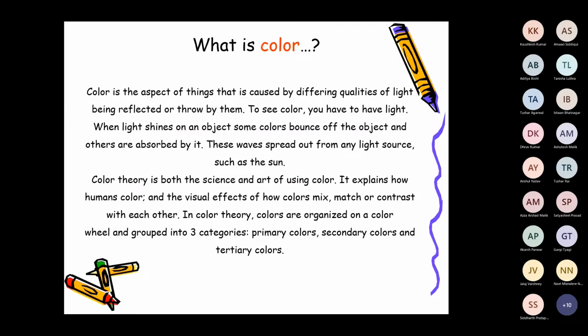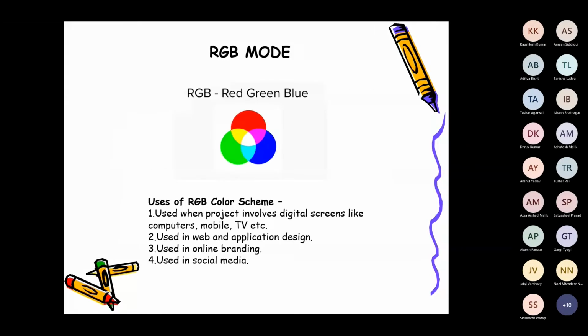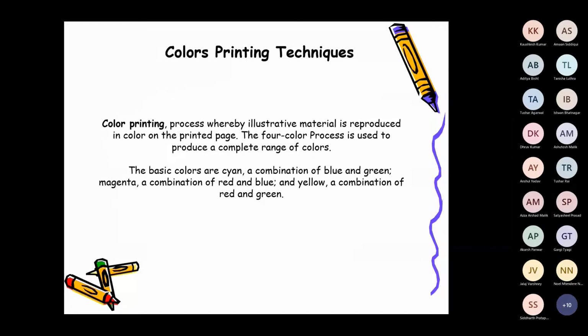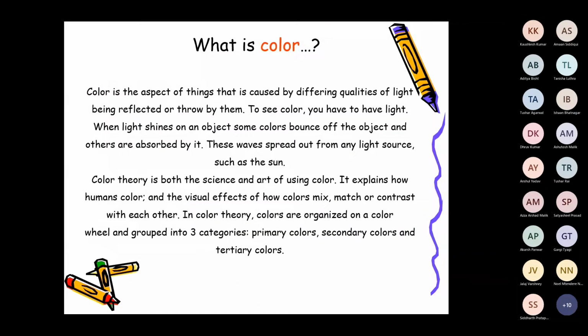So when we think about the color, we need to understand what is color. Before we start understanding about the colors, we need to understand where the color comes from. So I already described to you about the electromagnetic wavelengths and electromagnetic spectrum.